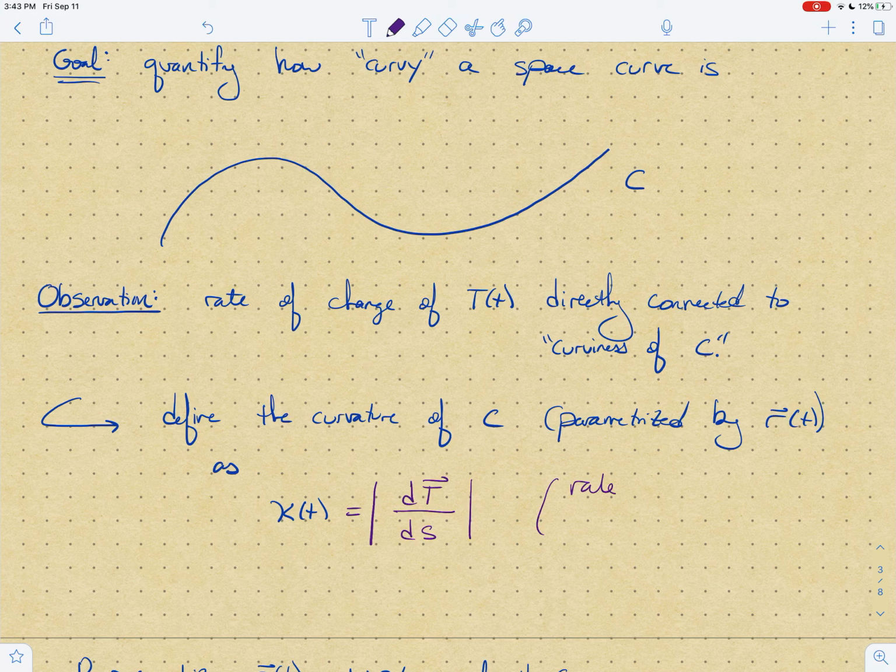This is the rate of change of the unit tangent vector with respect to arc length. And I'm saying take the length of this thing. And so that's going to produce a scalar. And so the point is the curvature gives you a number. It gives you a scalar, which is measuring how curvy something is at a certain point.